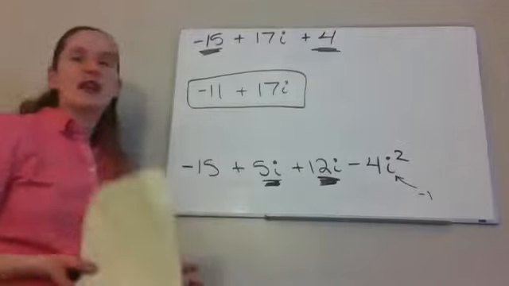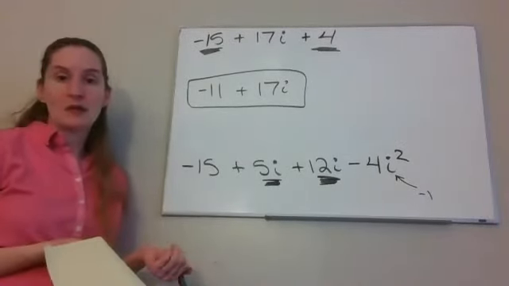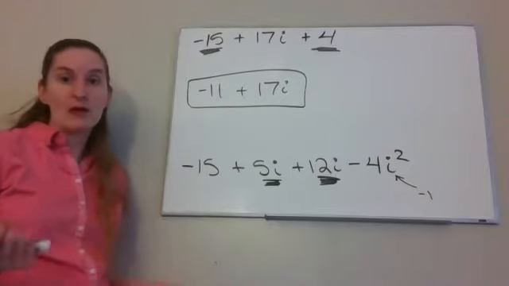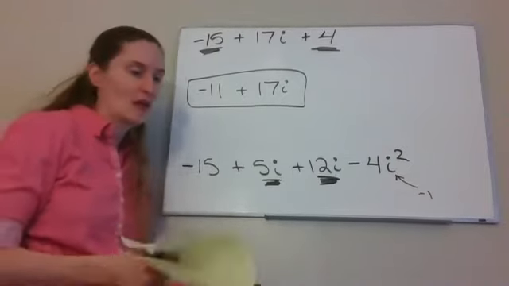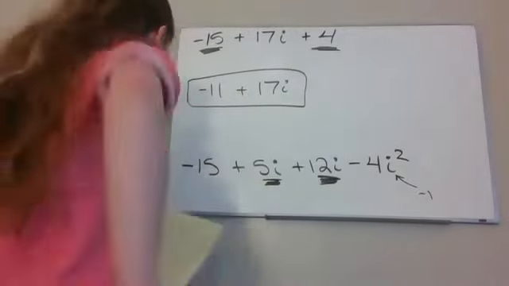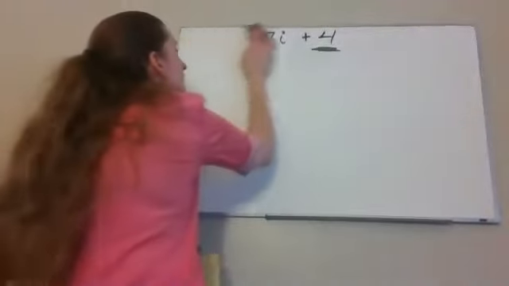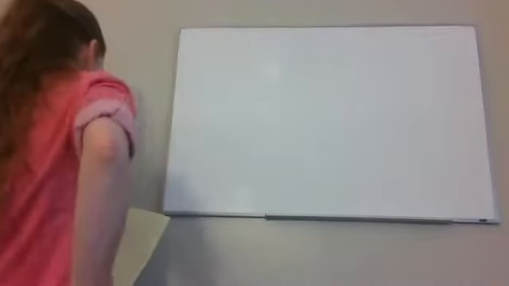So now we've done adding and subtracting and multiplying of complex numbers. The next logical step is, well, how do we divide complex numbers? And dividing complex numbers is a little strange. We have to use something called the complex conjugate. Let's define that.